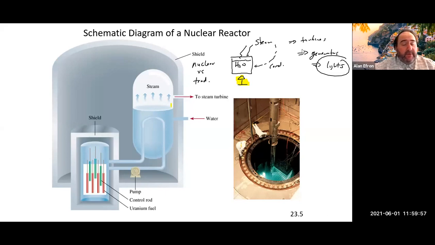The difference in a nuclear power plant is they use a fission reaction to heat up the water. And they have what are referred to as fuel rods. Inside these fuel rods are little eraser-size pellets of uranium-235, for example. That is where the nuclear part of the reaction takes place.